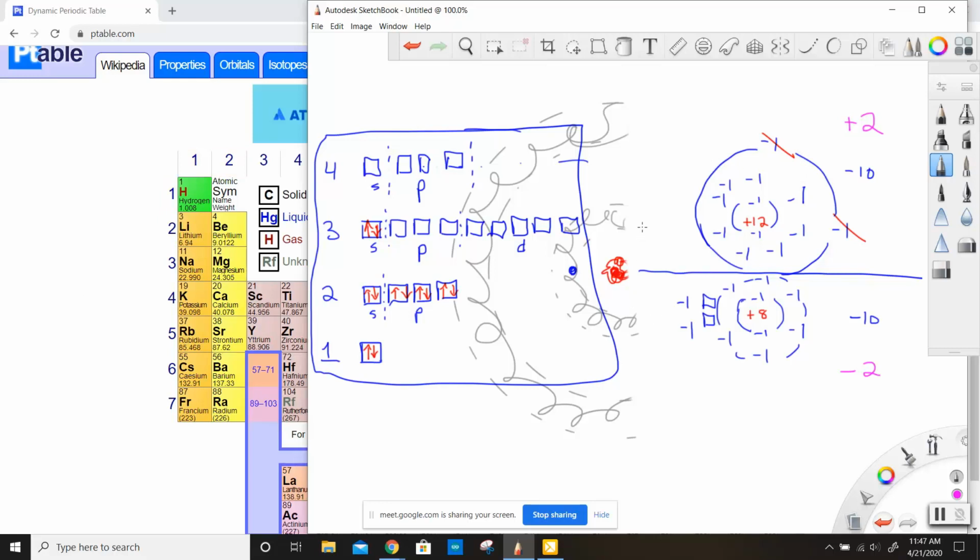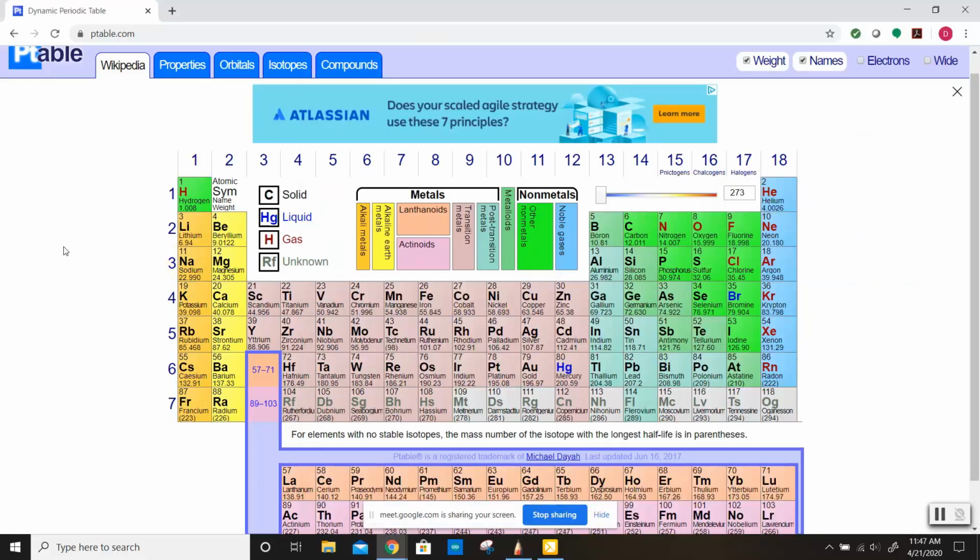When it comes to covalent bonding, it's a little bit more of a complicated story, right? They have to share. Okay. So oxygen can form covalent bonds with other things as well. For instance, nitrogen can form a covalent bond.